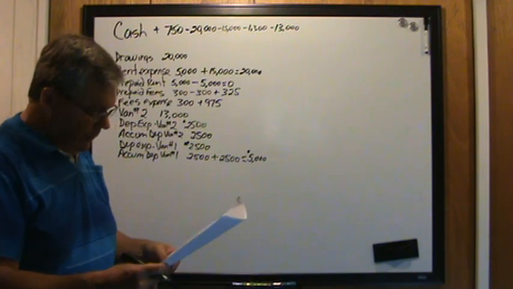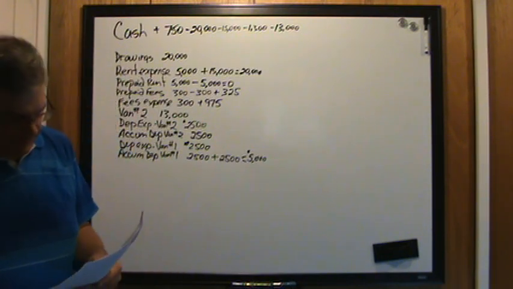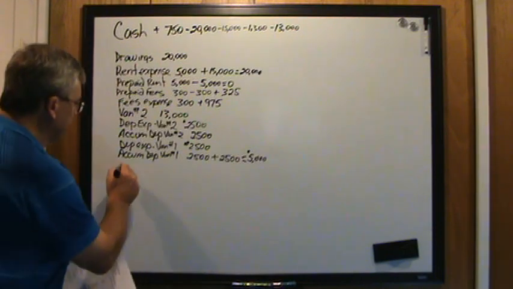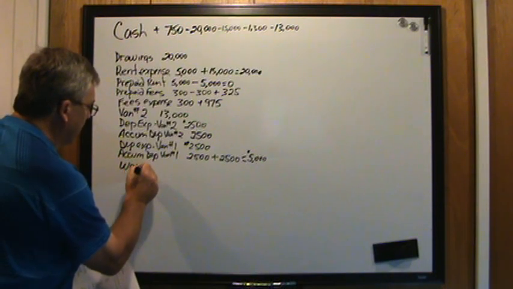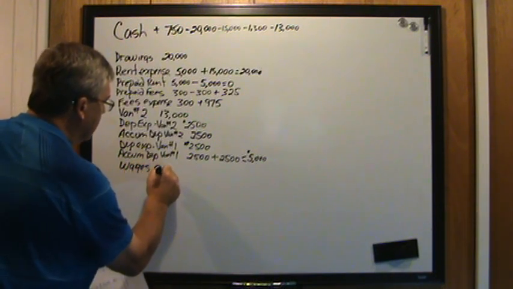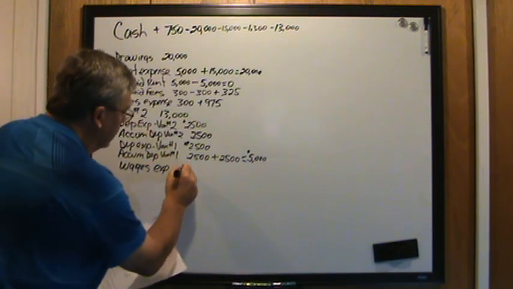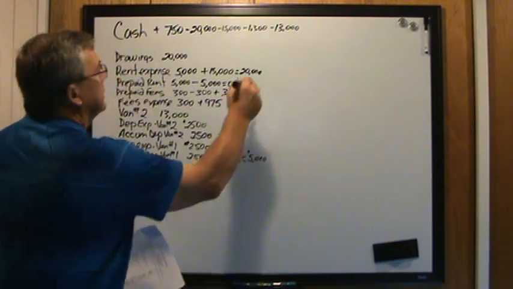Wages totaling $36,700 were paid during the year. So let's work on this way. We have wages expense is $36,700.